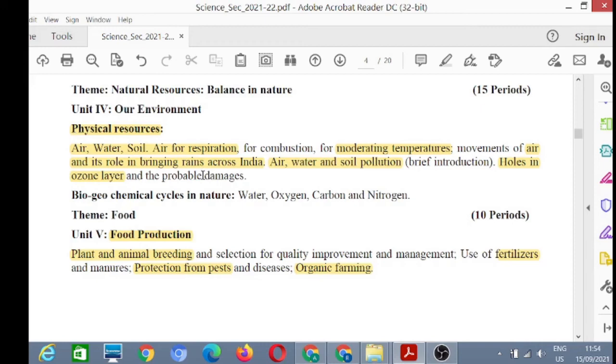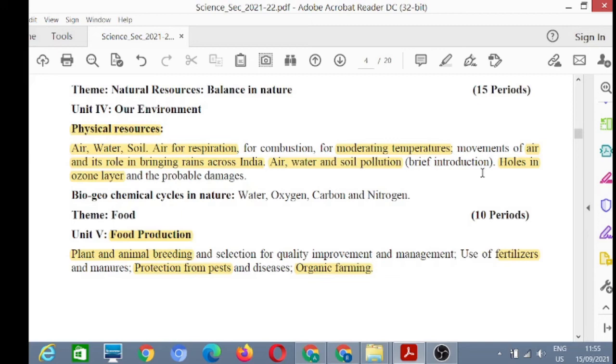Then air for respiration and combustion, then for moderating temperatures. Air is also used for moderating temperatures. These are uses of air.